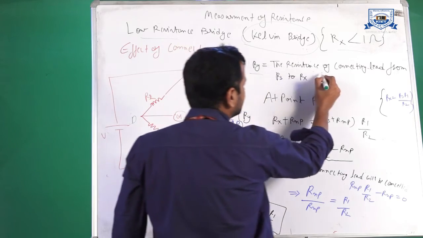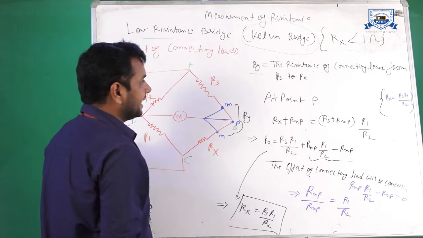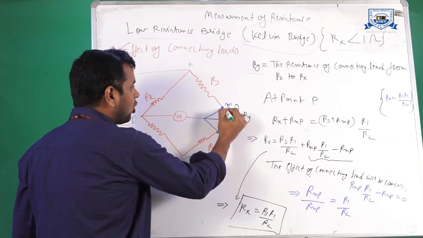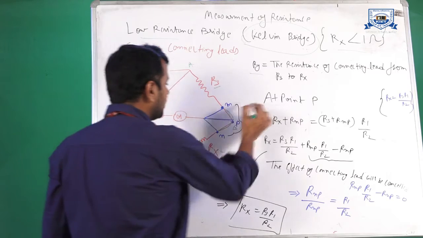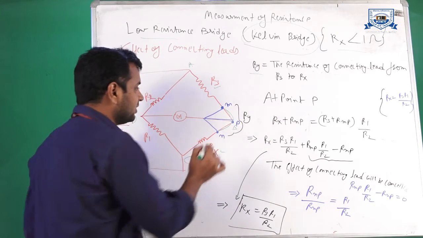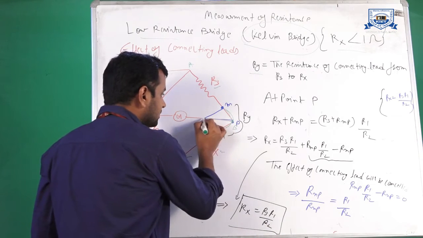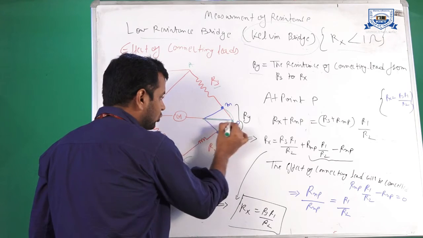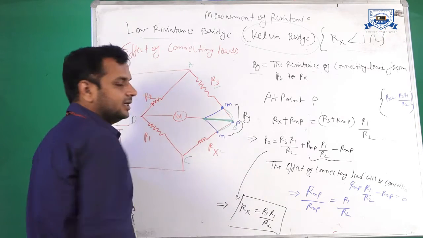RY is the resistance of the connecting lead from R3 to Rx. If we consider point P, we have ignored points M and N. We have joined the galvanometer on point P, considering the value of the lead resistance.